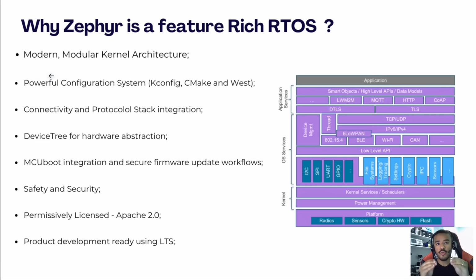Zephyr also uses a powerful configuration system based on Kconfig, CMake, and West. This combination gives you fine control over what goes in your firmware without manually editing build scripts or driver code, for example.